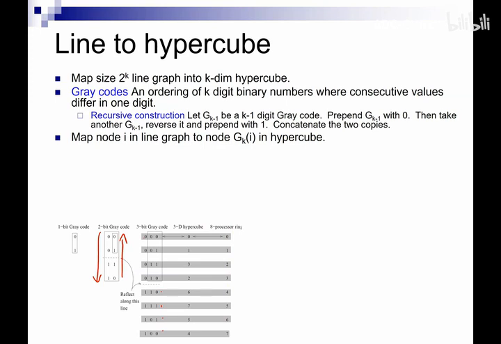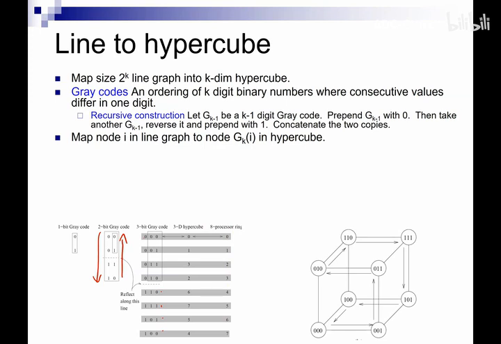This is how we map between the line and the hypercube. If you do this explicitly for these 8 processors, you see that this is how the mapping goes. We just follow these lines, and this is the ordering for the mapping.